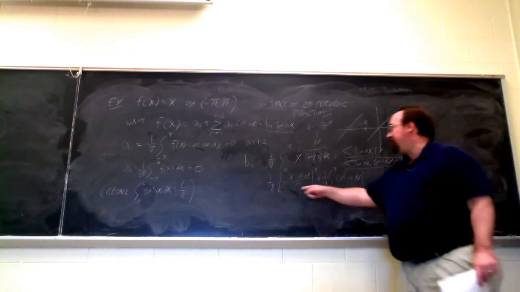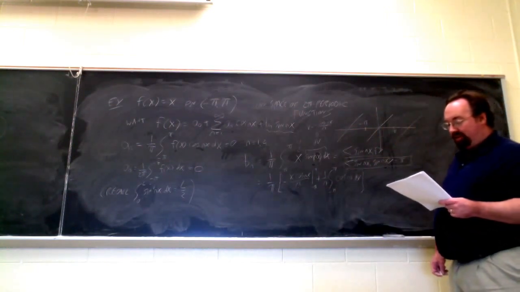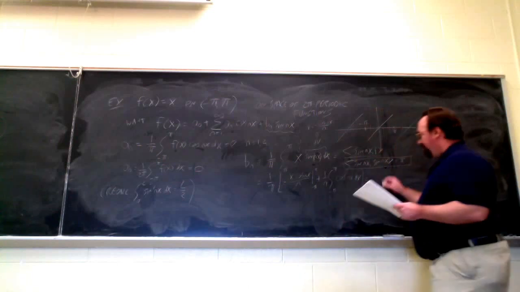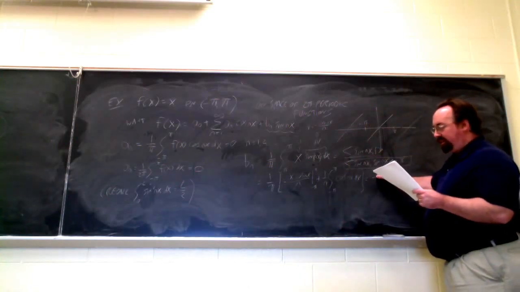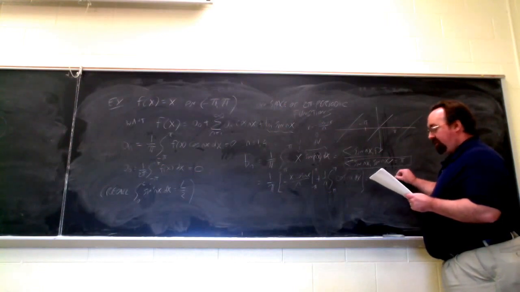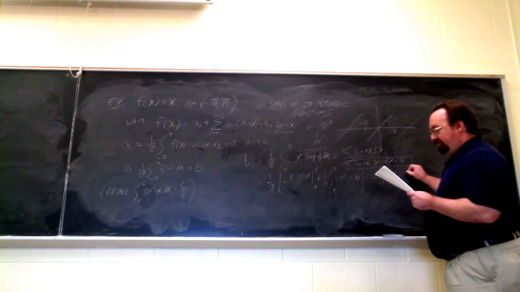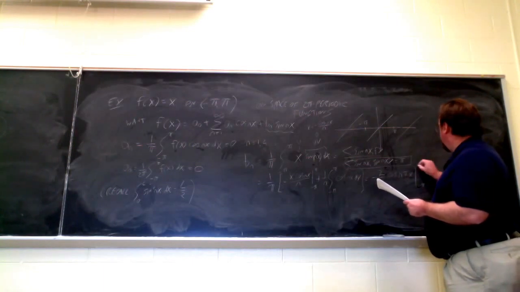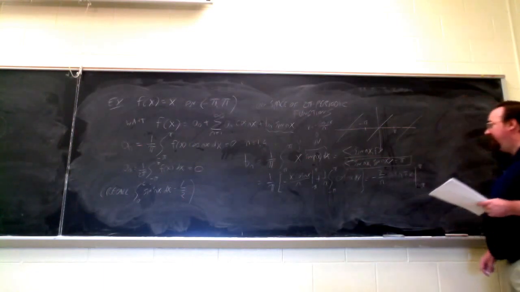So your only contribution is going to come from this. So when you simplify everything, I won't do everything here, but it's in the notes. So you have minus 2 over n cosine n pi, with limits minus pi and pi.